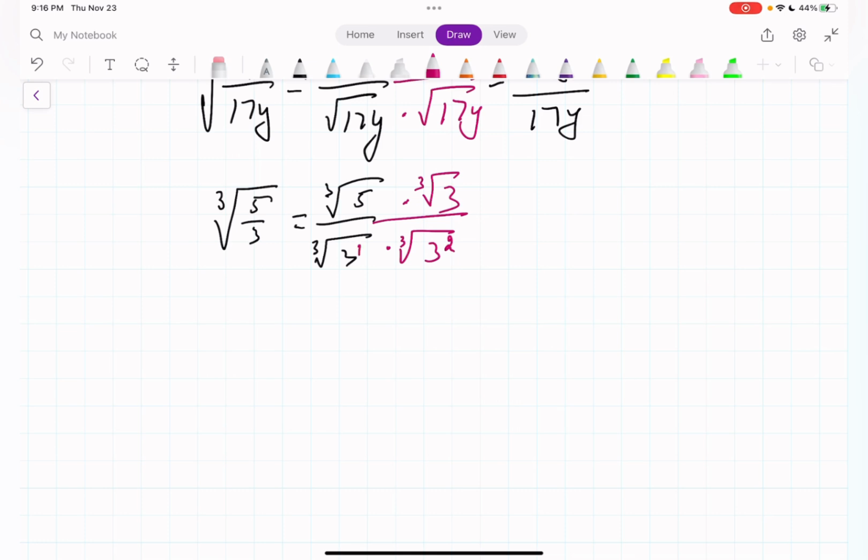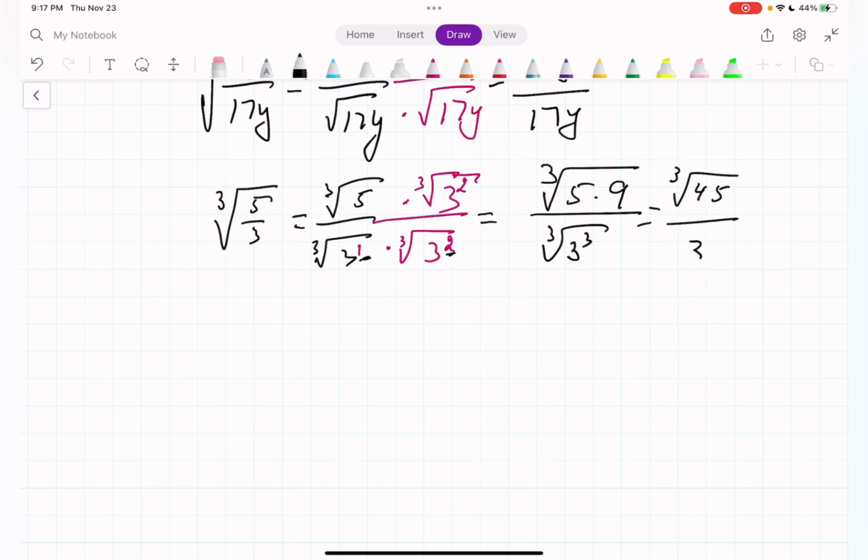So here is 1, here is 2, it will be 3, right? Therefore, it's also going to be squared. And let me go slow this time: cubic radical of 3 to the power 3, 1 plus 2, correct? And here we are getting cubic radical 5 times 9, since 3 squared is 9, and we get cubic radical 45.